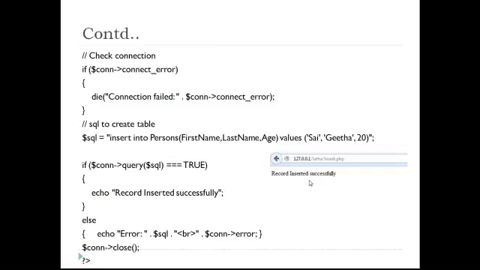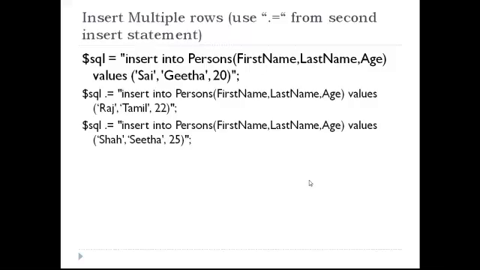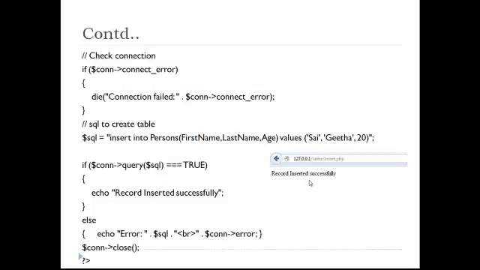So insertion is done. Now what we have to do, we have to check whether the inserted values are updated into the database or not by using a select command. So this query is for inserting one single row.